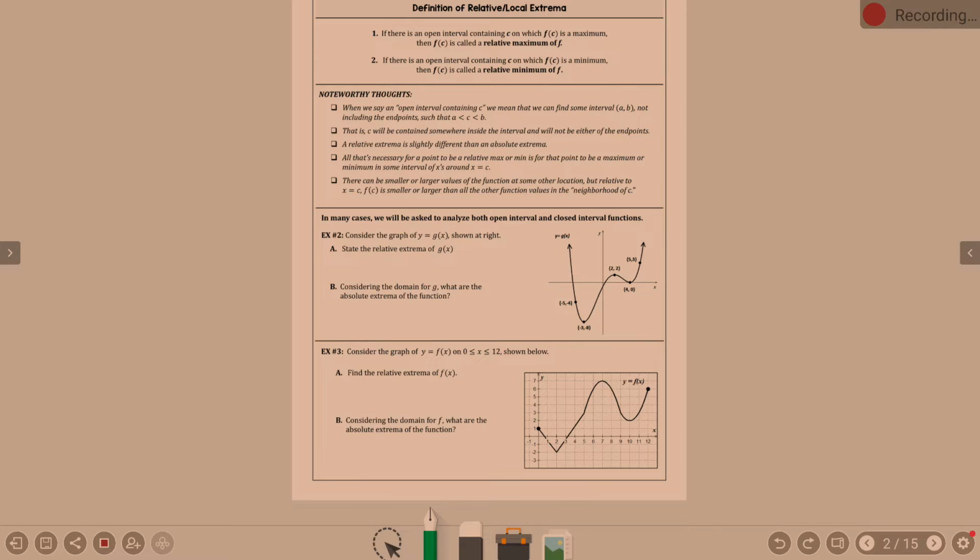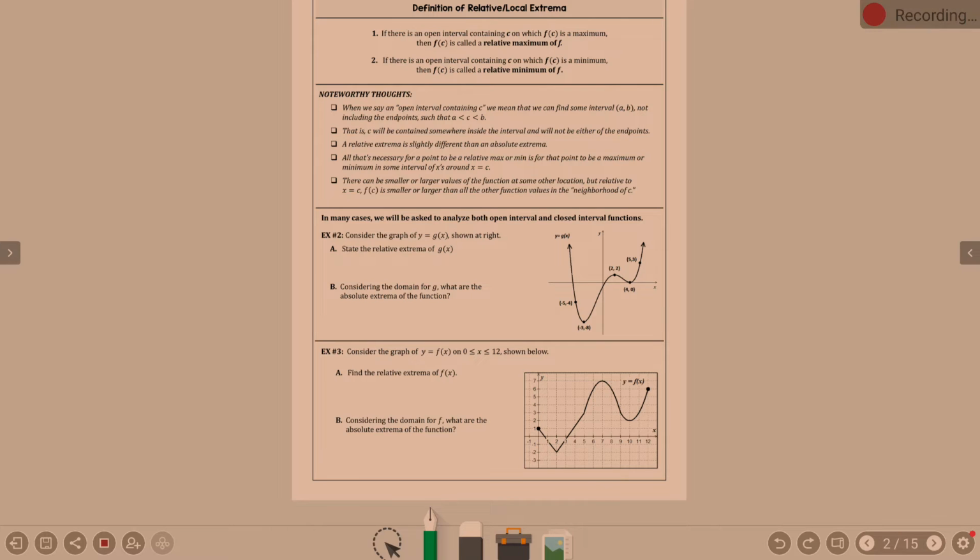A relative extrema is slightly different than an absolute extrema. Yes, they overlap, but an absolute extrema has a more specific definition, right? Whereas any min or max can be relative. All that's necessary for a point to be a relative max or min is for the point to be a max or minimum in some interval of x's around the point C. So that's an idea of being a min or a max in that neighborhood.